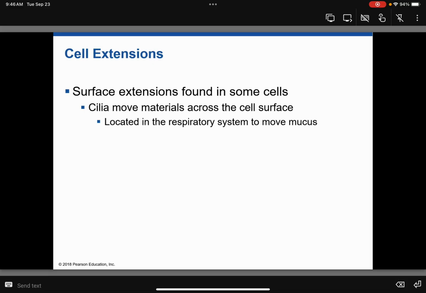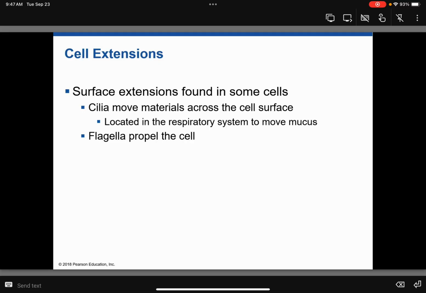Okay, little tiny finger-like extensions that extend at the surface of the cell. So it's not on every surface, it's just on that free surface. That one looks terrible. That's why I'm not an art teacher, you guys. And like I said, it helps to move mucus across the surface there.